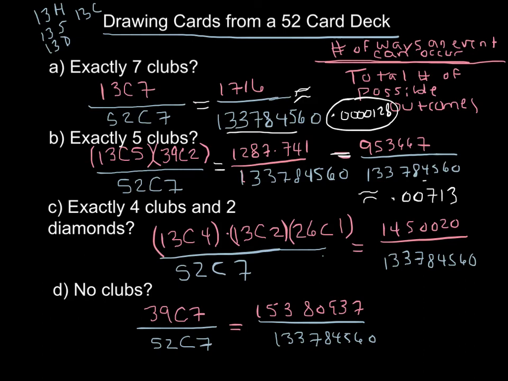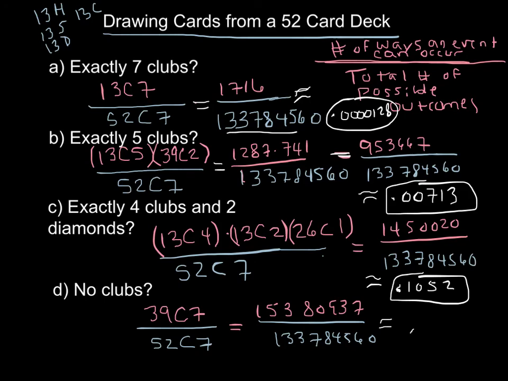A little more likely, but still very unlikely to get exactly 5 clubs. The second to last one is about equal to 0.1052, so you have a roughly 10% chance of getting 4 clubs and 2 diamonds. And for this last one, the probability of getting no clubs is roughly 0.1150, so a roughly 11% chance.